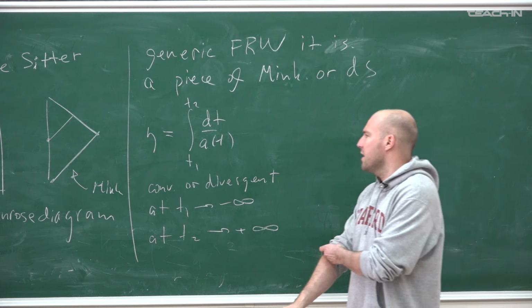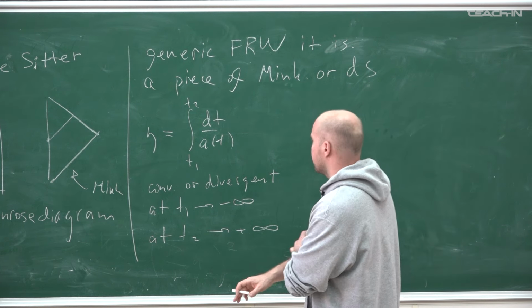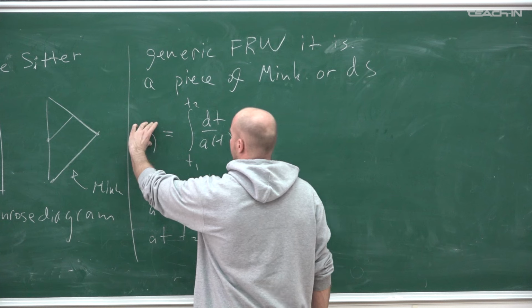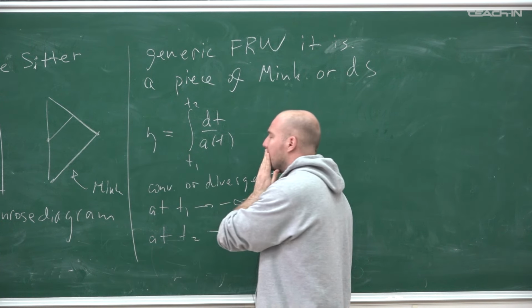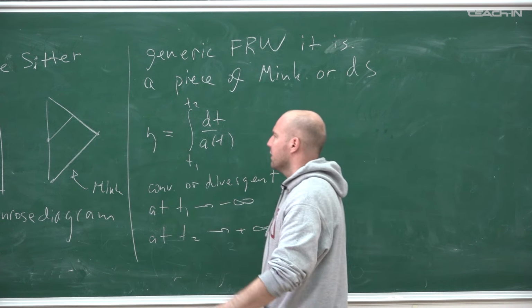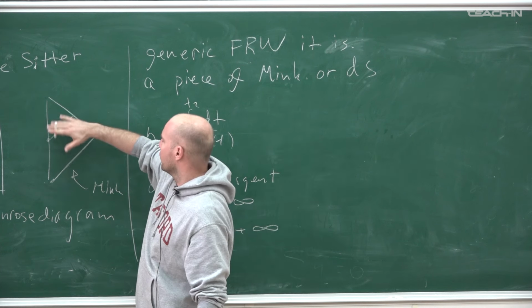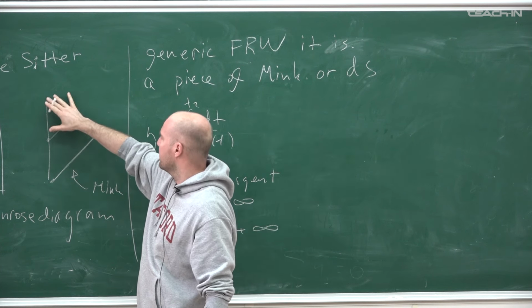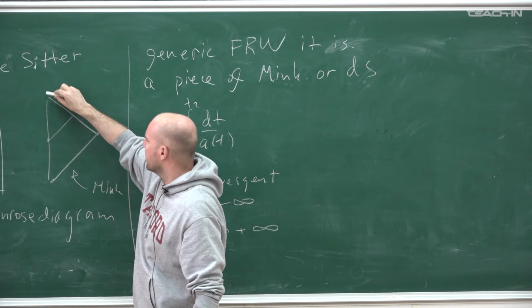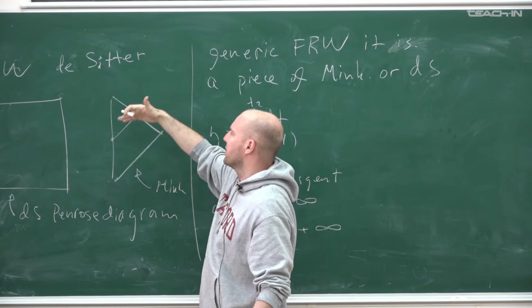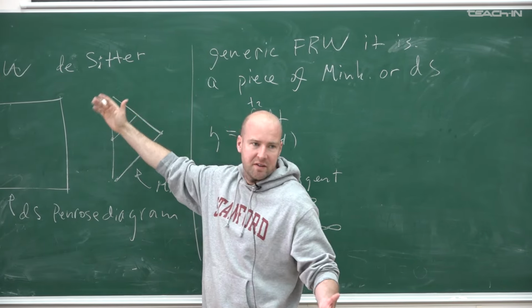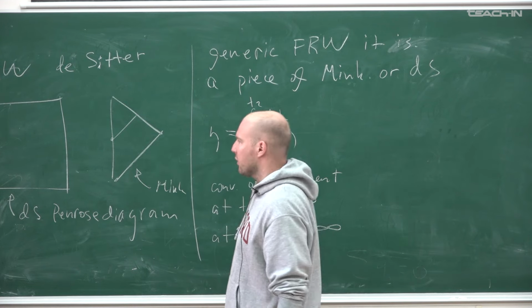So basically the range of change of eta determines for us the structure of asymptotic infinity in time of our space-time.